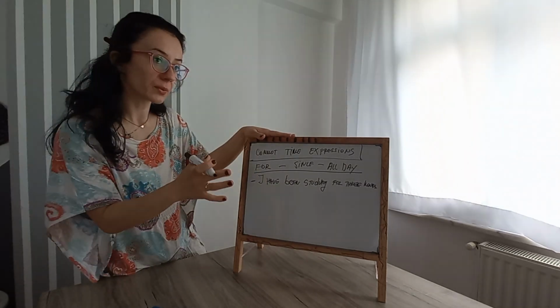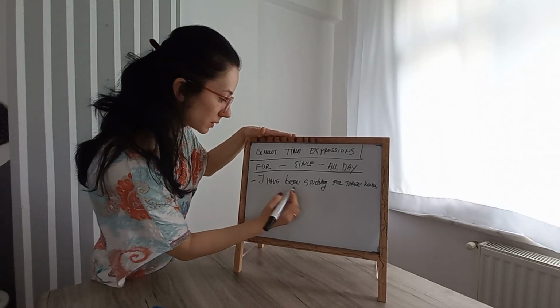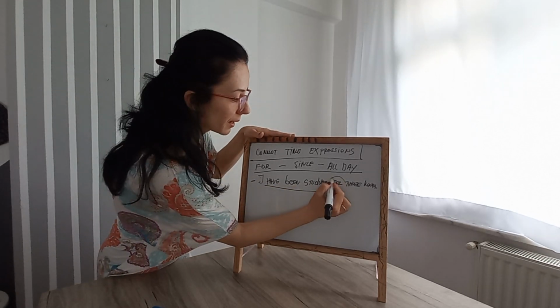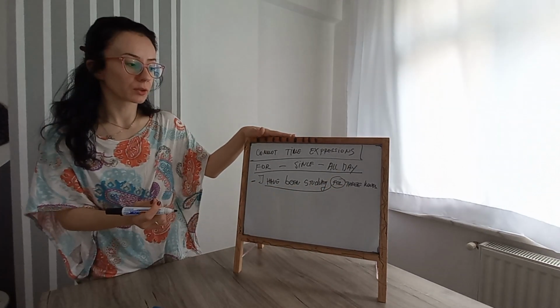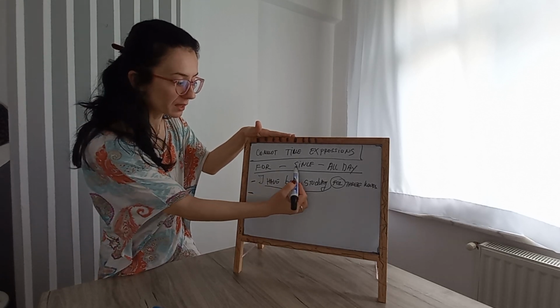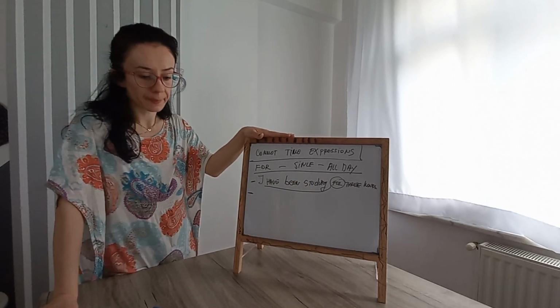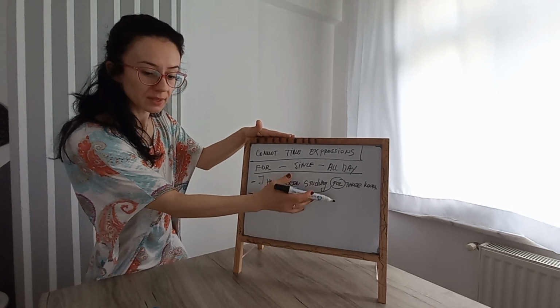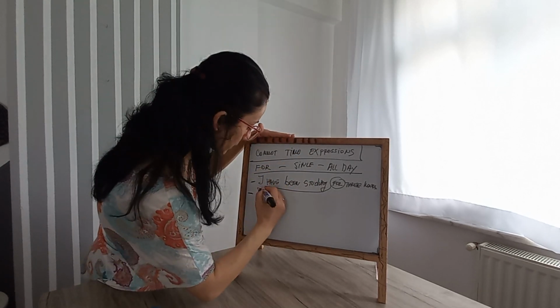So where is the present perfect continuous here? I have been studying, and the time expression for 3 hours. Great job. Someone else please give me an example for since. I have been studying since 5 p.m.